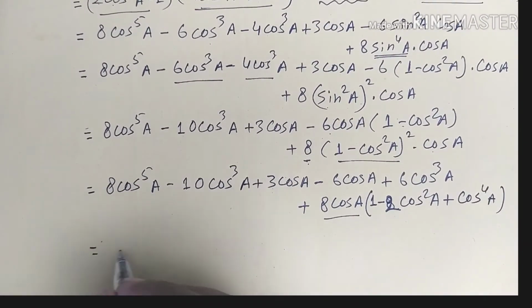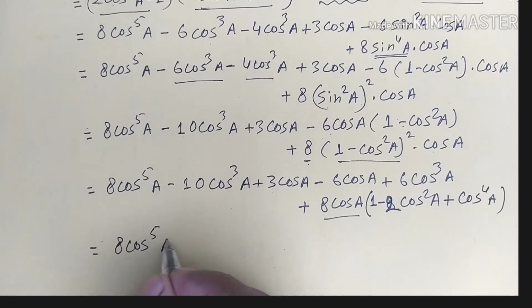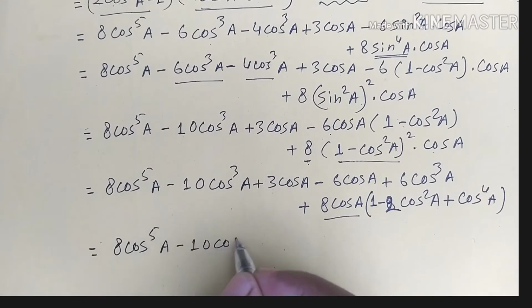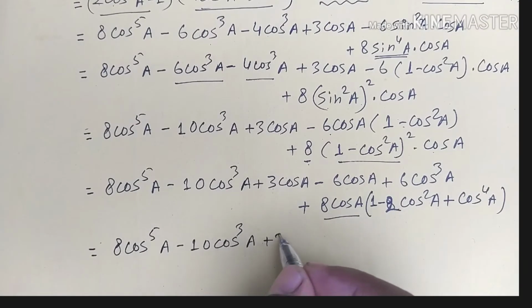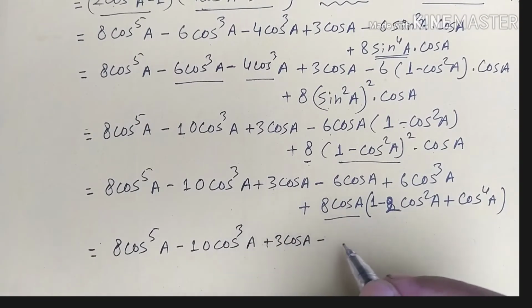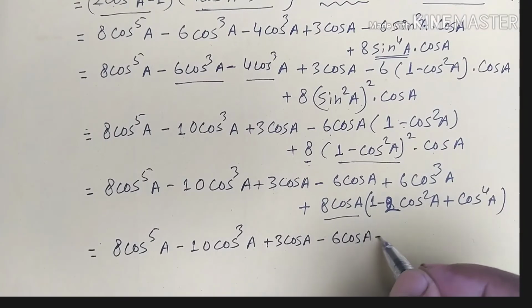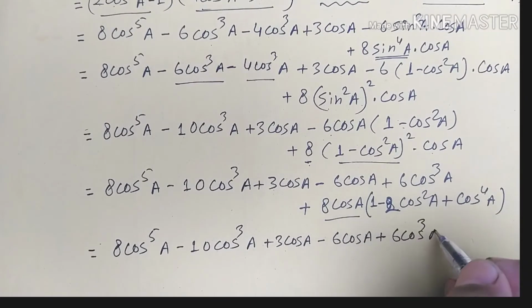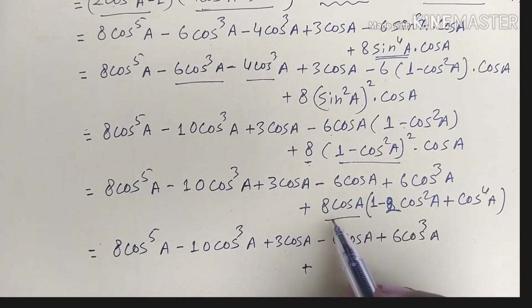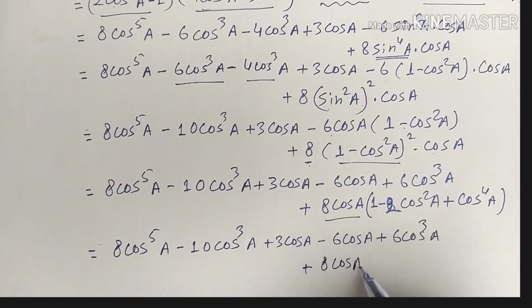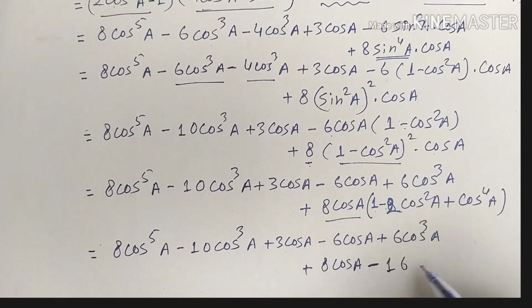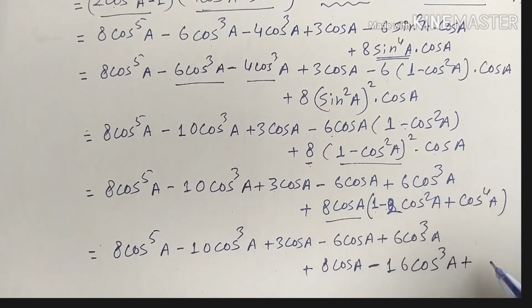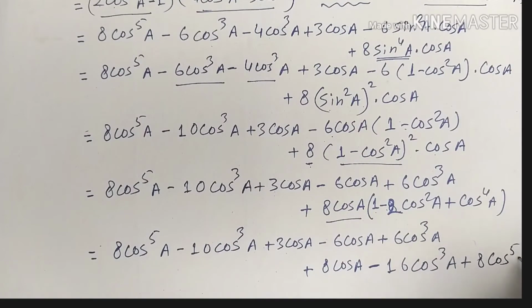This is equal to 8 cos power 5a minus 10 cos cube a plus 3 cos a minus 6 cos a plus 6 cos cube a. Now plus 8 cos a, plus minus minus, 8 2s are 16 cos cube a, plus into plus plus 8 cos a, and cos power 4a times cos a will be cos power 5a.